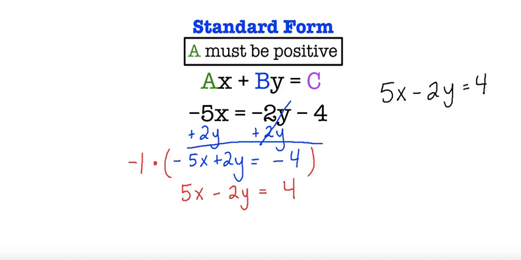And so here we have our a, which is 5x. Our b is -2y. And then, so our b is just -2, and then we have y. And then it's equal to 4, which is c.